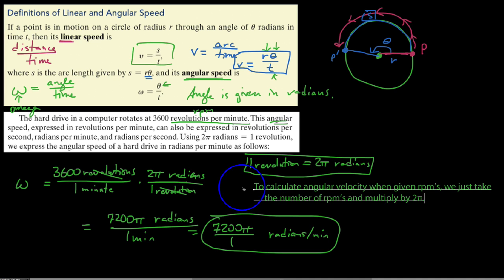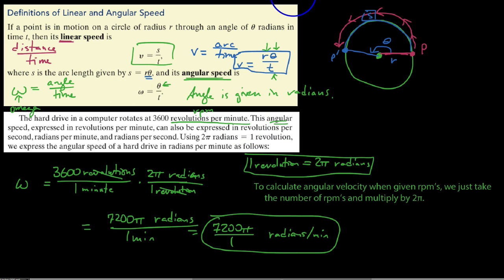The reason being because if I want to know how many radians you went in a minute, and I know how many revolutions you went in a minute, I know that each revolution has 2 pi radians in it. So we could just say take the number of revolutions and multiply it by 2 pi, because that's how much radian measurement you would have gone through.